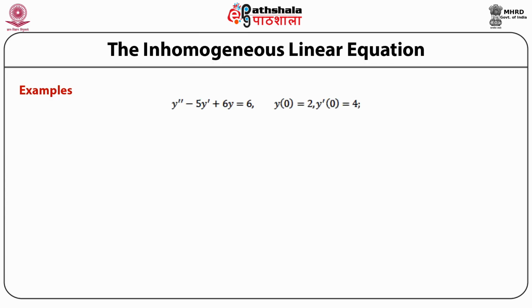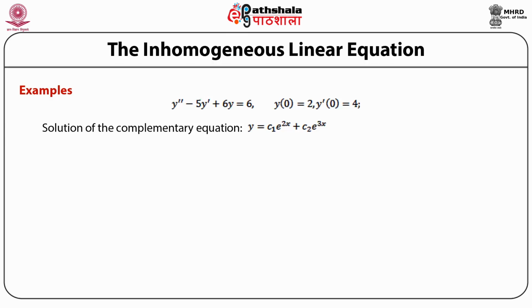y double prime minus 5 times y prime plus 6y is equal to 6 is the differential equation. The initial conditions are given by at x is equal to 0, y is equal to 2, and at x is equal to 0, the first derivative of y equals 4. The solution of the complementary equation is given by y is equal to c1 times e raised to power 2x plus c2 times e raised to power 3x.